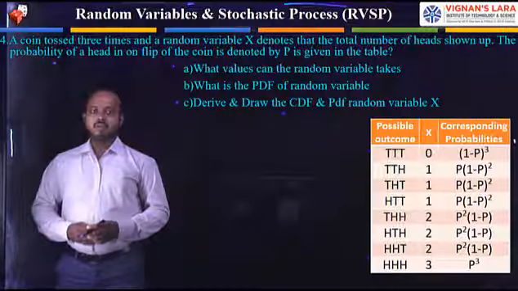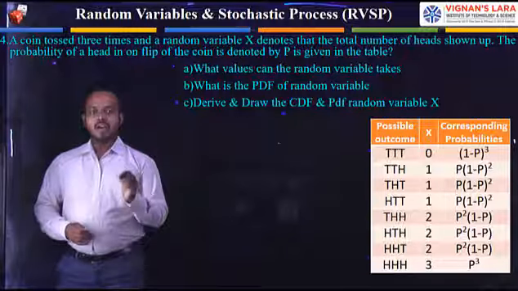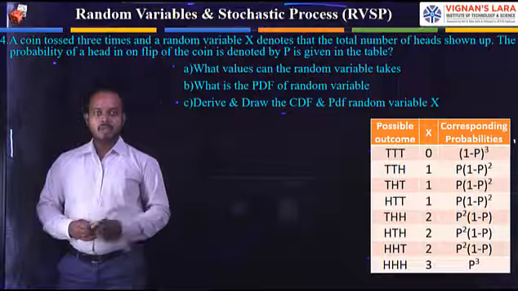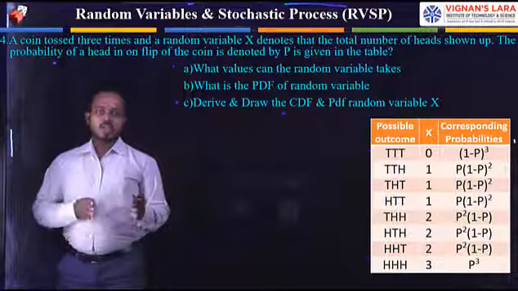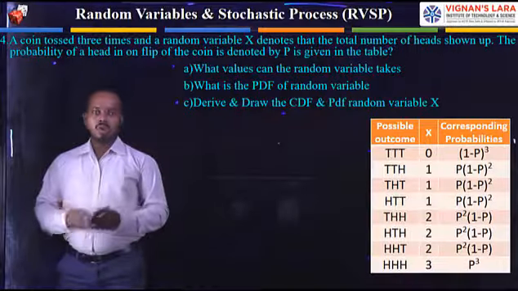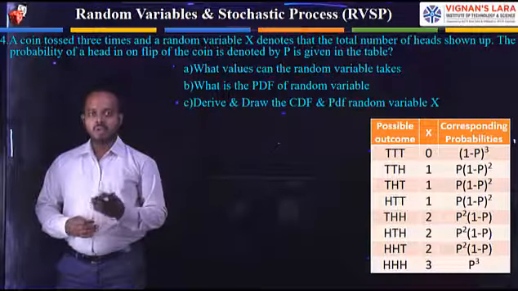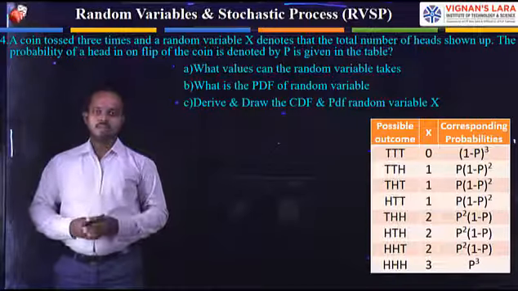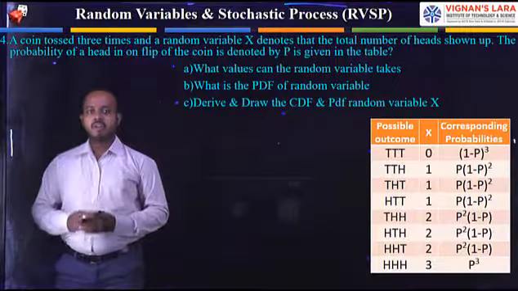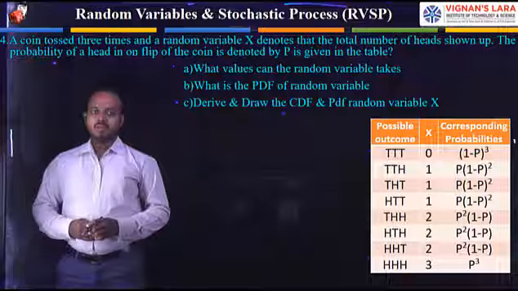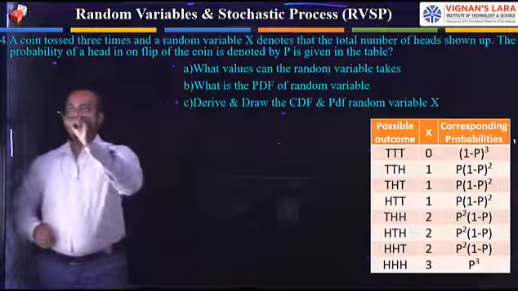He is representing the head appearance as p. He is giving the availability of 0 heads, 1 head, 2 heads and 3 heads. Based on their number of heads, he is giving the notation p. From these values, I am writing that.